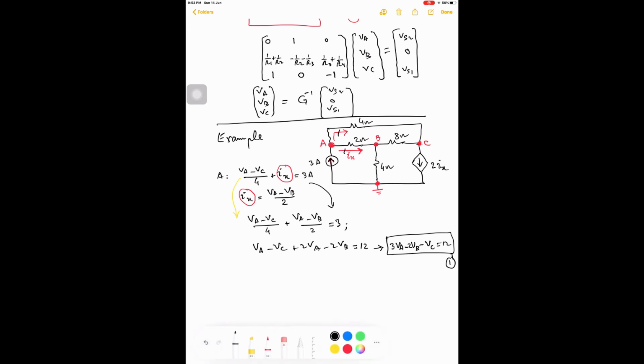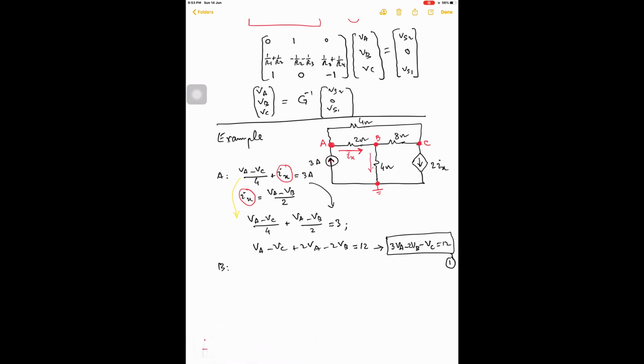Now write the equation for node B. Deleting all unnecessary things over here. At node B, we assume all the currents are leaving.